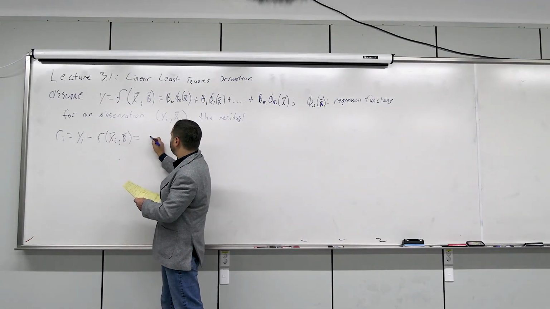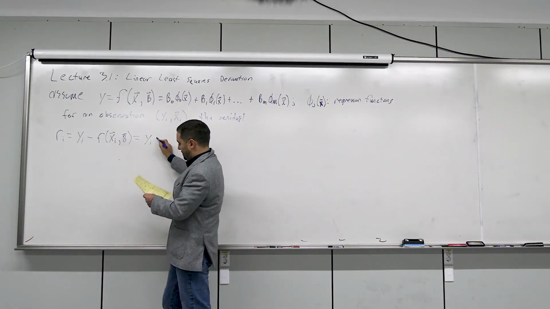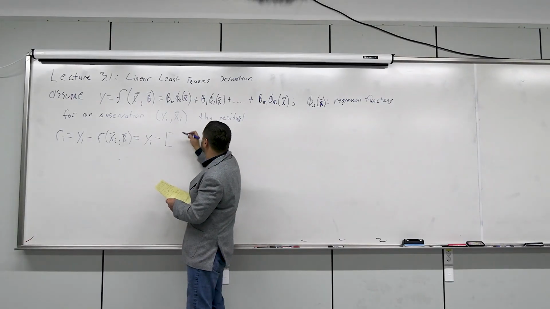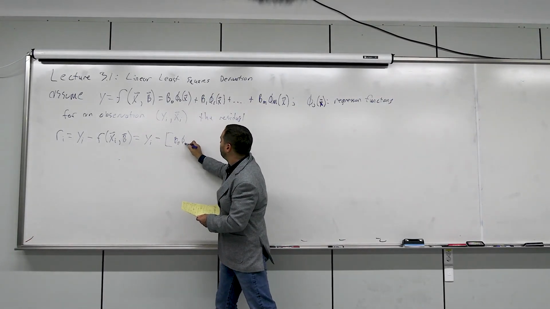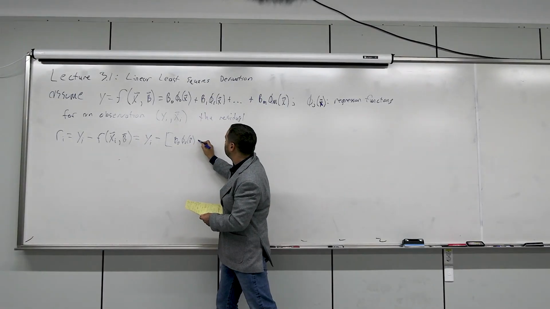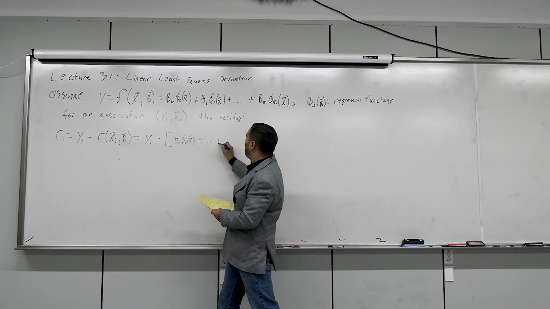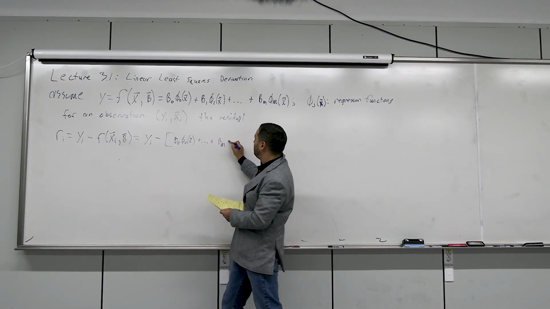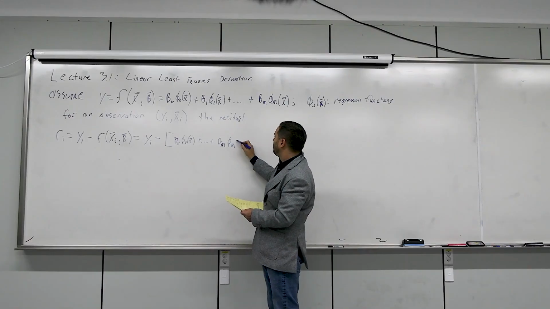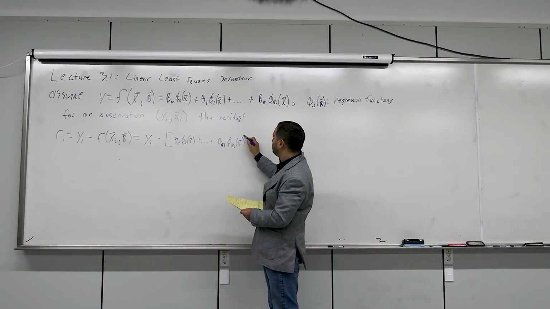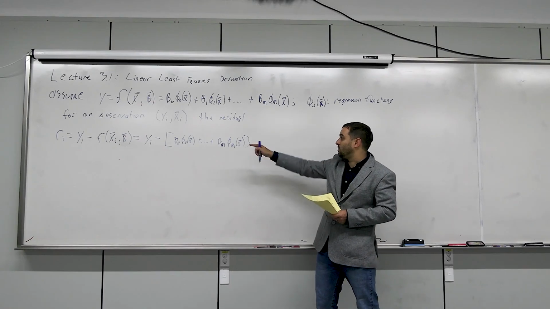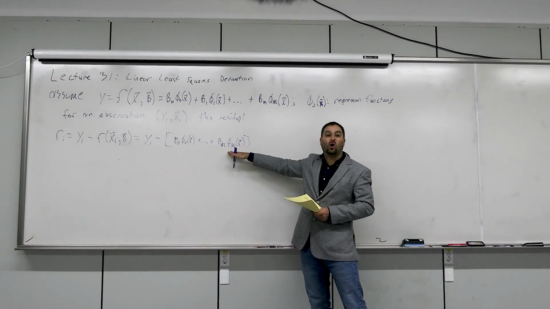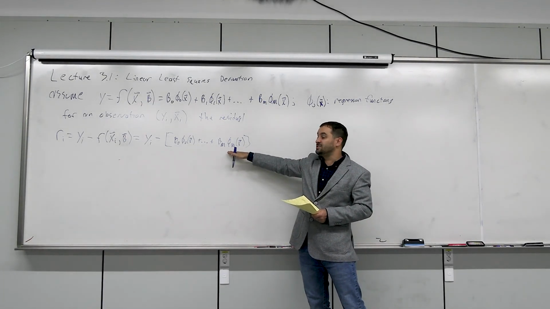So this equals y_i minus, in brackets, our expanded regression function, beta naught phi naught of x, plus all the way up to beta m phi m of x. This is called the residual.